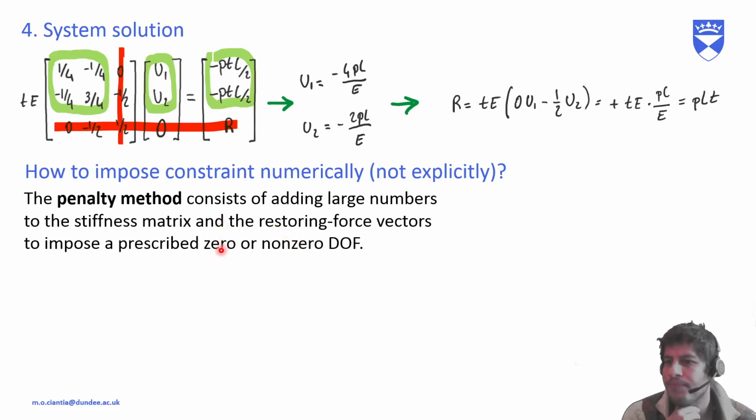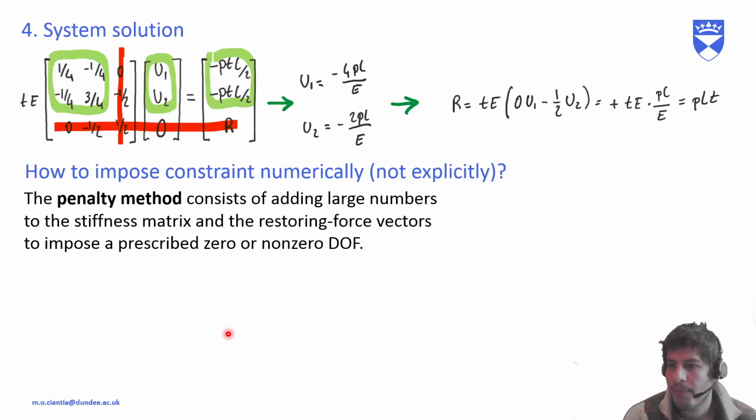It's a way to solve this system numerically and not explicitly as we just did here. And basically by adding very large terms in the stiffness matrix in correspondence of the element where the boundary condition is imposed, okay?